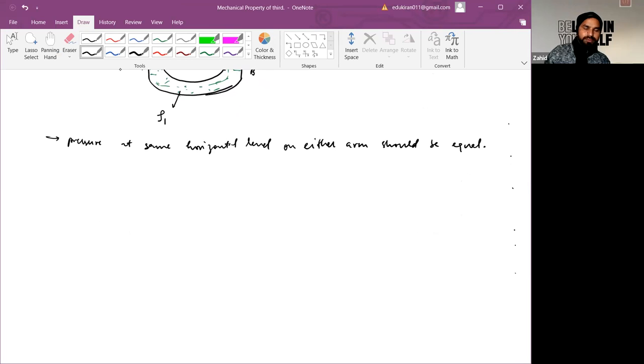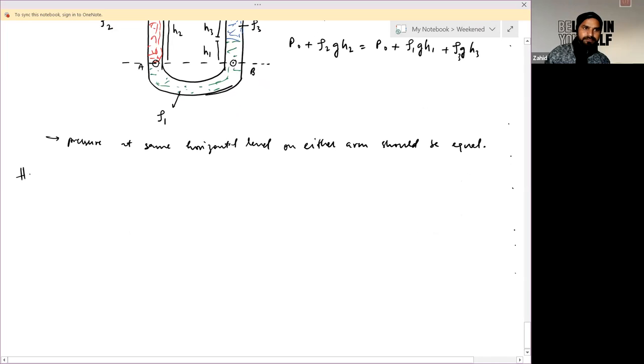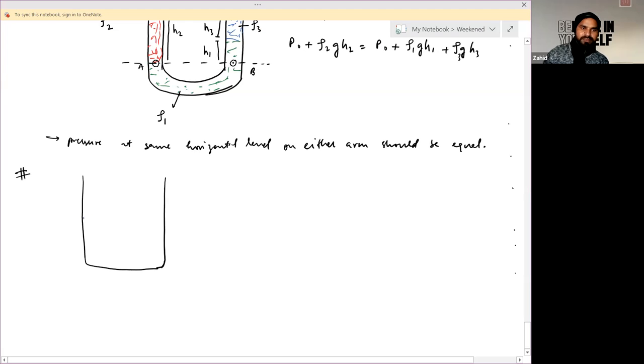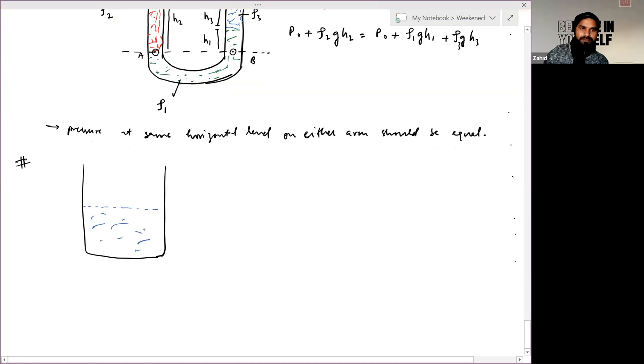Similarly, there will be another problem. Suppose there is a container like this in which liquid is filled up to this level.